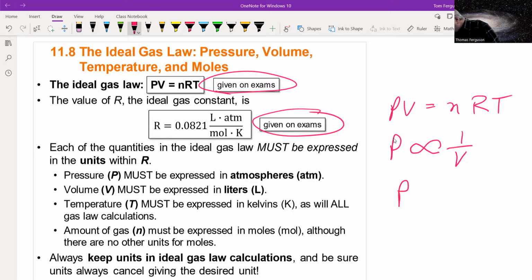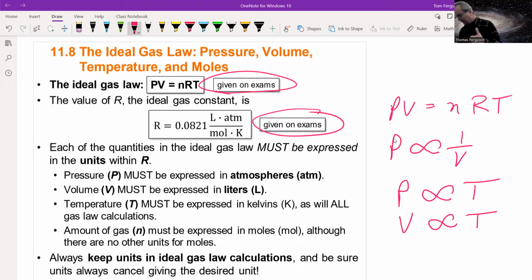Then pressure is directly related to temperature: pressure goes up, temperature goes up. Volume is also directly related to temperature. These three relationships are going to be honed in quite a bit in your lab.